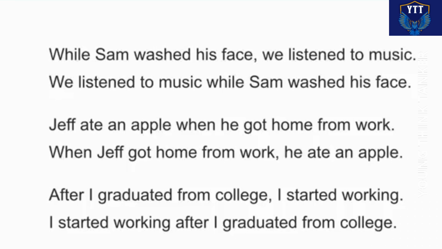So remember, a complex sentence has one independent clause and at least one dependent clause. Now in this sentence, the dependent clause is in front of the independent clause. When your dependent clause is first, when it starts the sentence, we have to put the comma after the dependent clause.